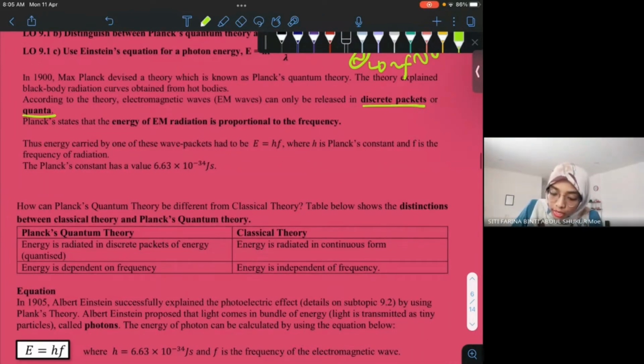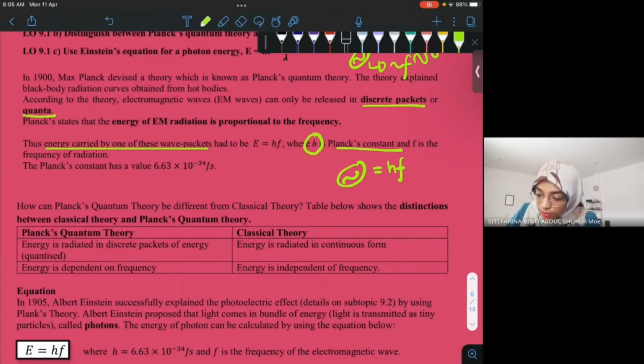So energy carried by one of these wave packet had to be E equals hf. Maksudnya setiap discrete packet ini akan ada energy sebanyak h multiply with the frequency, where h here is the Planck's constant and f is the frequency of the radiation. So basically dia adalah frequency of the wave lah.